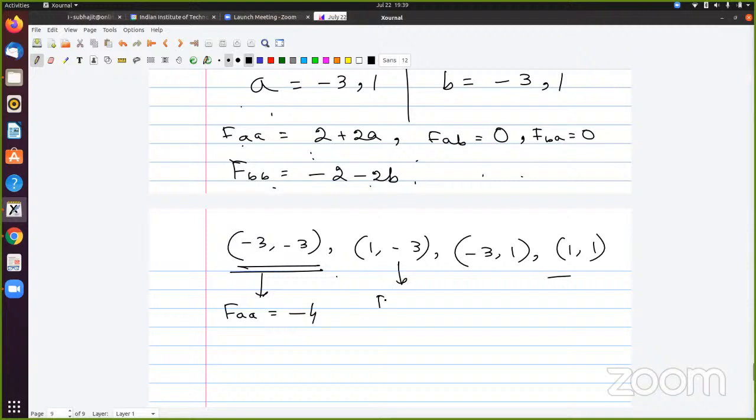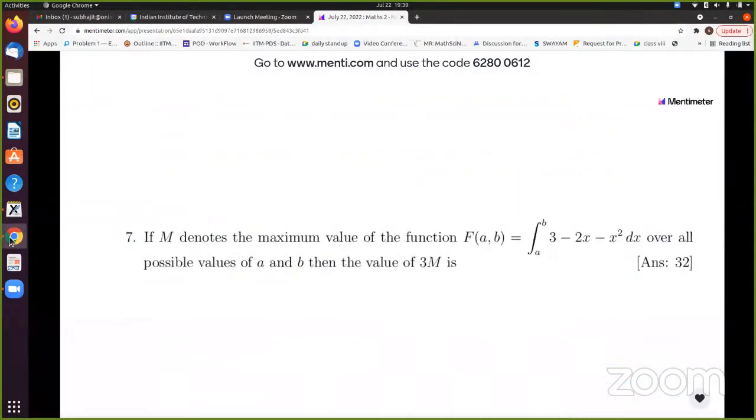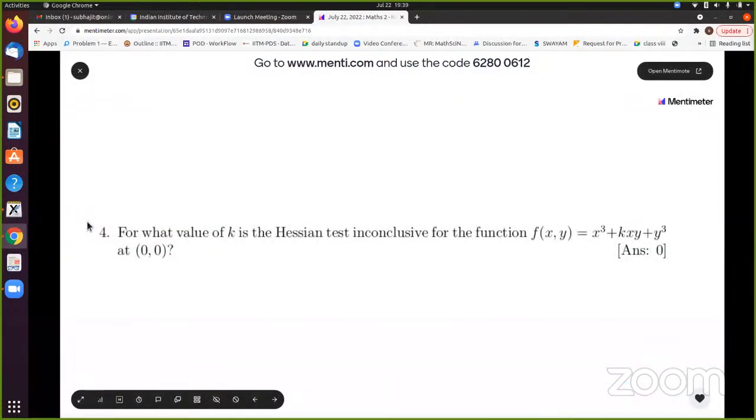This point, this is 4, right? This point, minus 4, right? And for this point, 4. Correct. Yes.